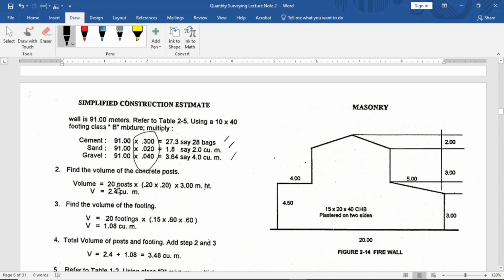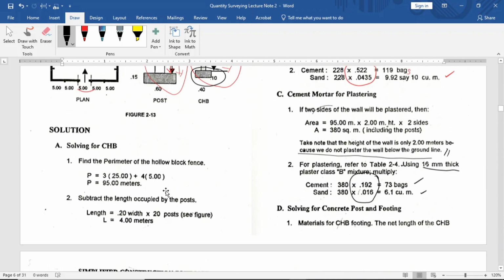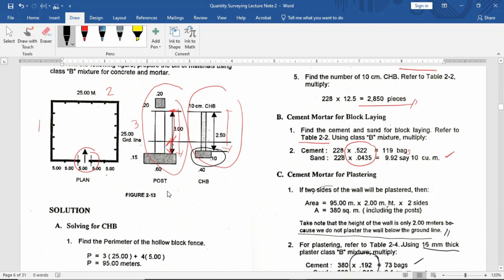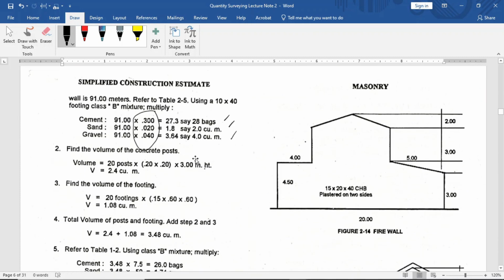So, there are 20 concrete posts times 0.2 times 0.2. Yan yung dimension ng post natin, 0.2 by 0.2. Tapos, ito yung length naman, 3 meters. So, volume ng concrete post is 2.4 cubic meter. So, ito na yung para sa 20 concrete posts.